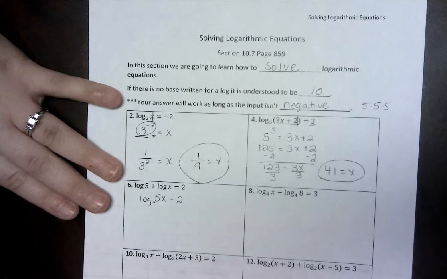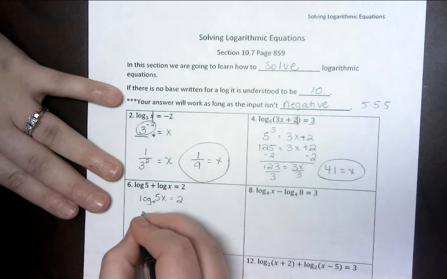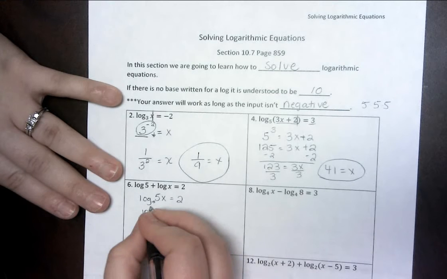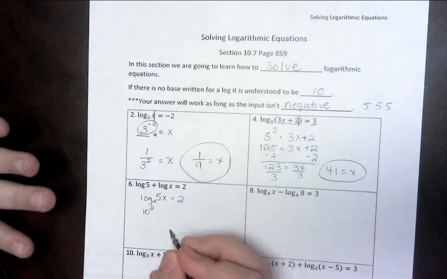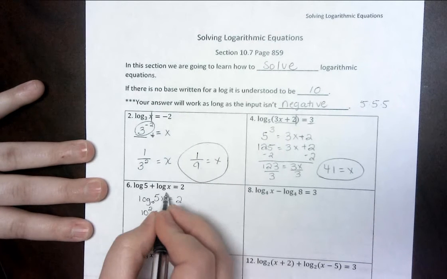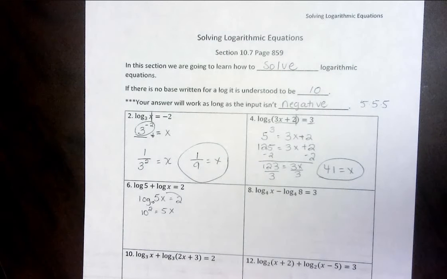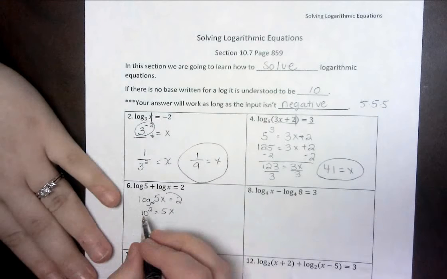So now we're going to translate that into our exponential form. So we write our base first, exponent of 2, and then we have it equal to 5x. We're just switching these two right here. Then we're going to find out what 10 squared is.